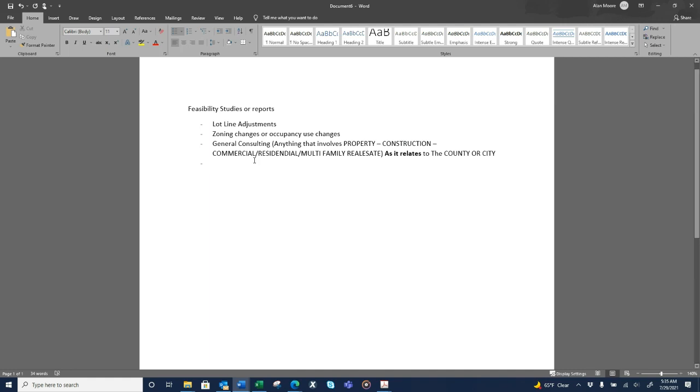That's our gig. We do development management. This is what we want to do. Development management is when someone is developing a property. When I talk about developing a property, I'm talking about they have one tax lot and they want to draw lines and make it 6 tax lots, 6 new buildable lots.